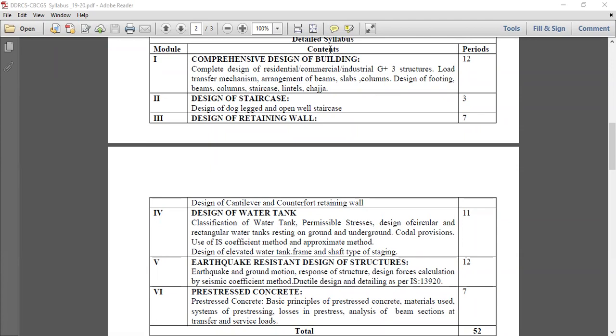Now let us discuss the codal provision and the requirement. Can anyone tell me what are the codes used to design the water tanks? Is anyone aware of the code which is used to design the water tank?